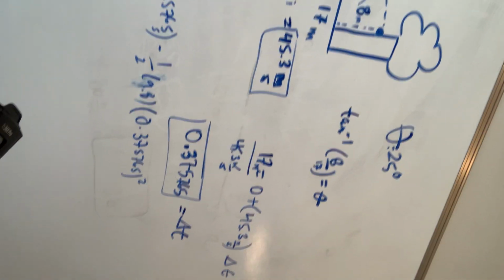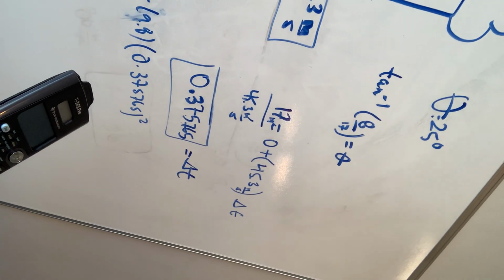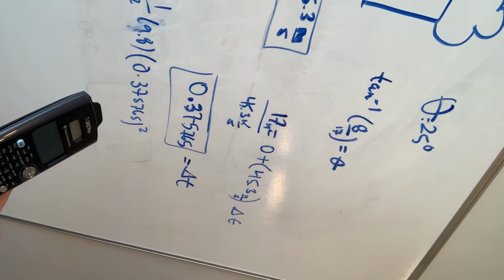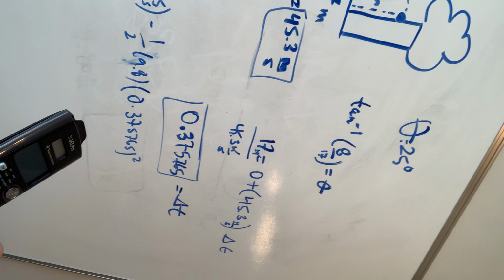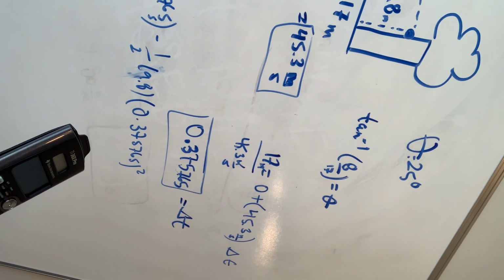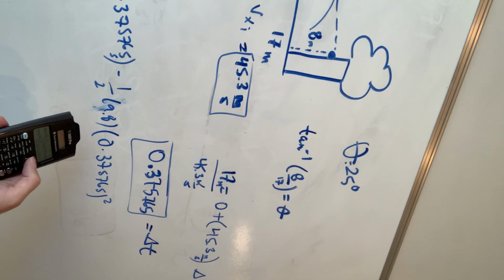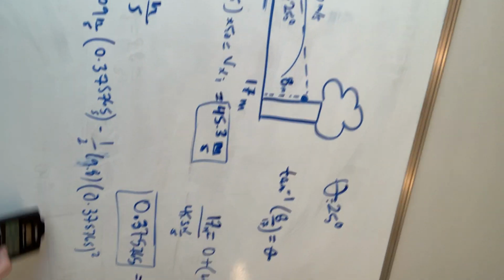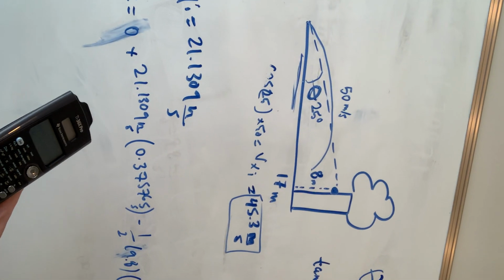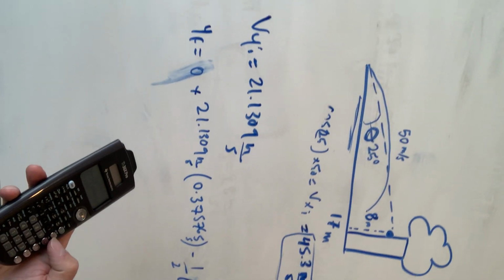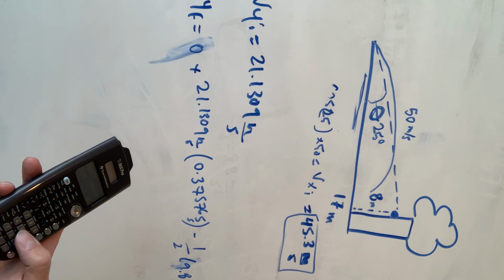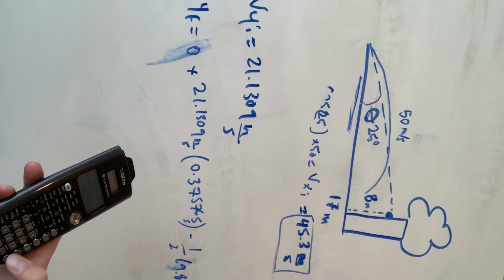We just talked about, so I'm going to go ahead and figure this all out. 0.375765 squared, times that by 9.8, times that by 0.5. So we get 0.69 for this portion. We're 21.1309 times that by 0.375765 is equal to that.